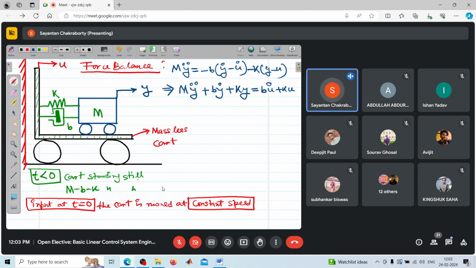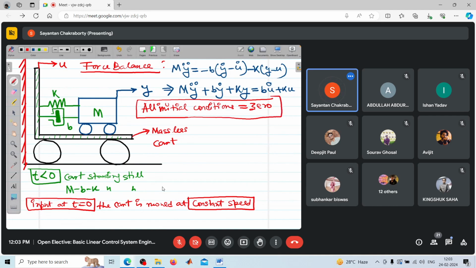Now, given this assumption that initially at t less than 0, the cart and the mass spring damper system were at rest, we can assume all initial conditions to be 0. There is no velocity, no acceleration, and the point of start or the displacement at that point is taken to be the reference displacement.